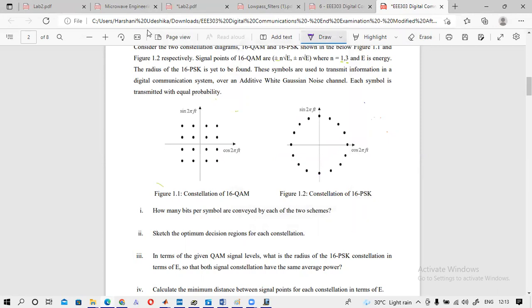So if I get the symbols S1, S2, S3, S4, the distance from 0 to this symbol I get as S1 magnitude, and this symbol is S2 magnitude, and this is S3 magnitude and S4 magnitude.